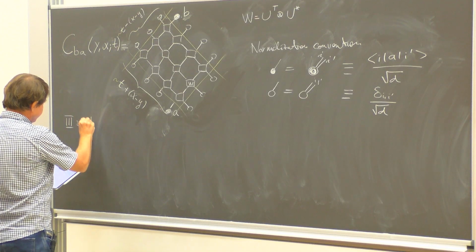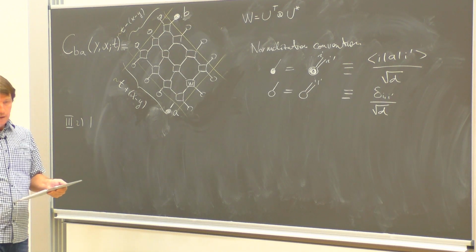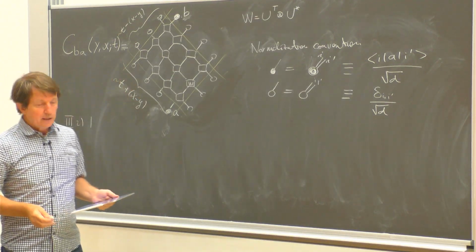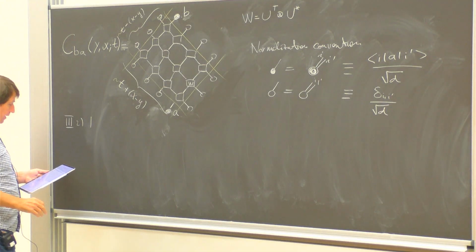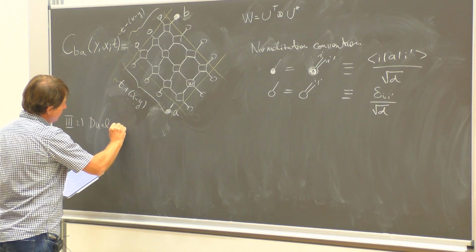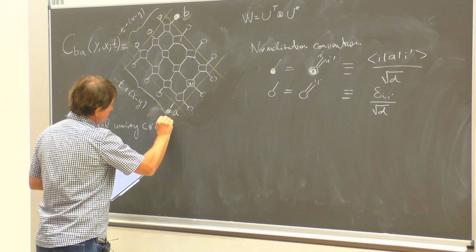Technically I'm doing lecture number 3 only, and lecture number 4 will, for all those who are interested, be relegated to the tutorial. So I'm doing just lecture number 3 in my regular lecture time. So, dual unitary circuits.